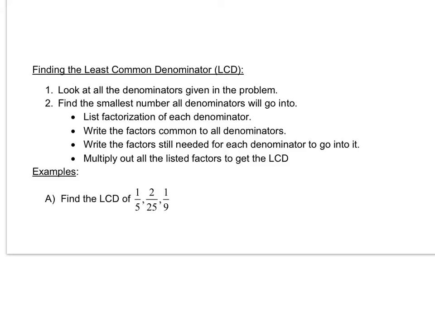Nope. 175? Nope. So at this point, we get all the way up to the least common denominator is 225, because 25 times 9 is 225, and you can divide 225 by 5. So hopefully you remember how to find least common denominators. Let's keep going.